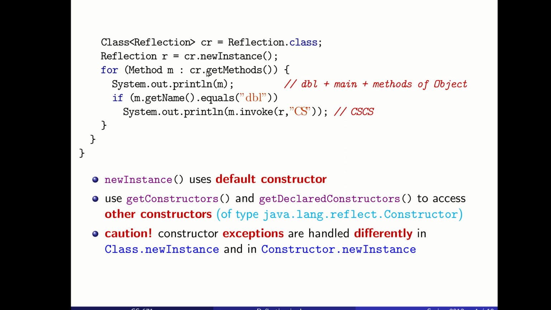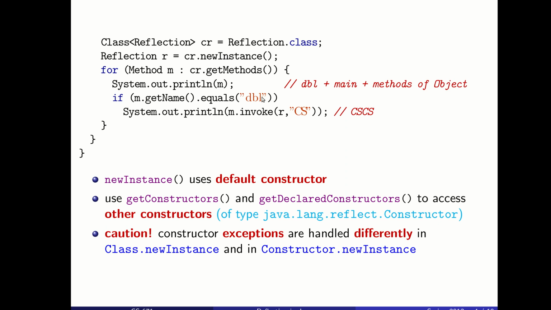Then we can loop through the different methods that come from that reflection class. And we can invoke each of those methods. So we get the method that's double, called dbl. We provide the name. Again, this could have been provided at command line or by some simplified, learn how to program Java tool or something like that we were writing.